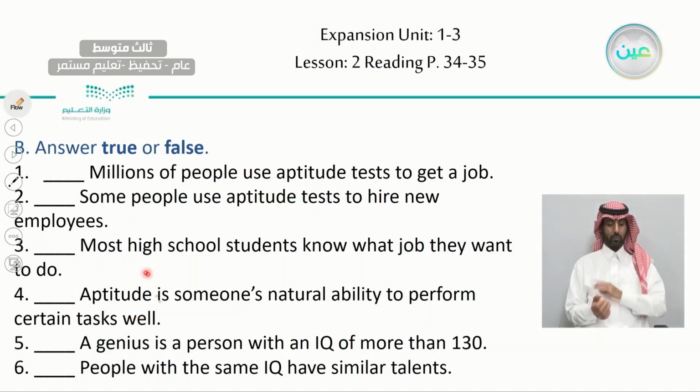So this is how they defined aptitude. Do you think this definition is true or false? Number five, a genius, a very smart one, is a person with an IQ of more than 130. They mentioned that. Look at the number. Is this true? Number six, people with the same IQ have similar talents.